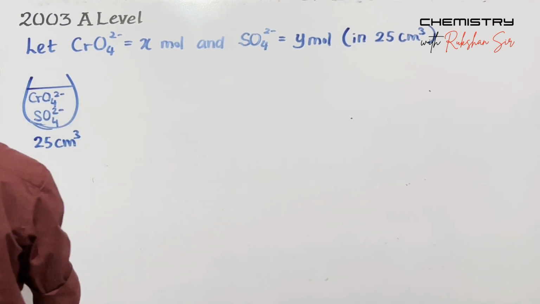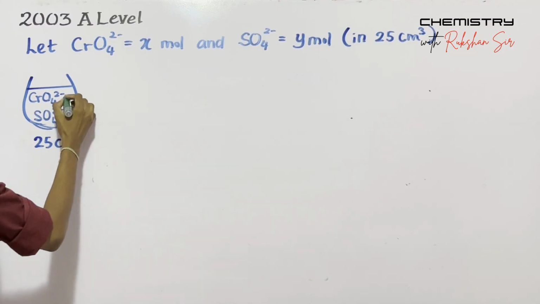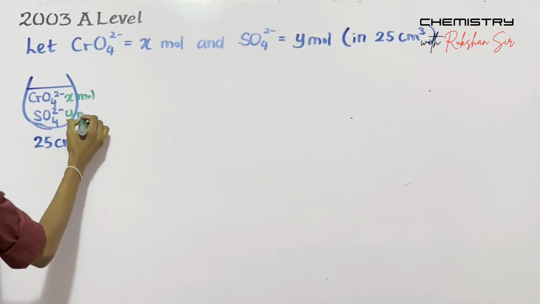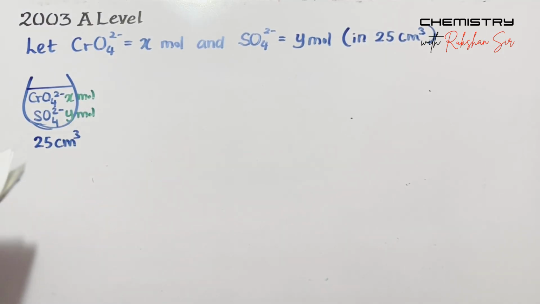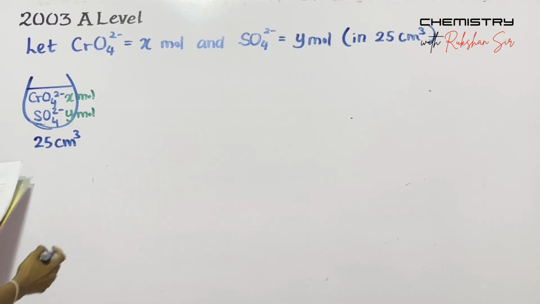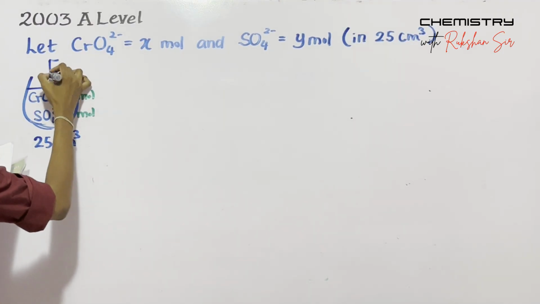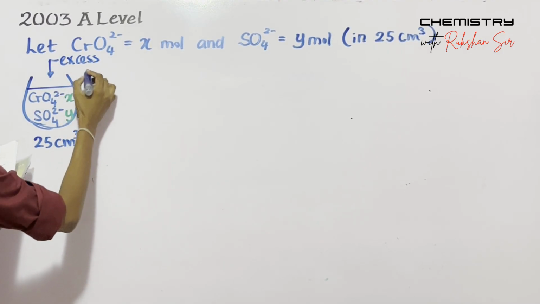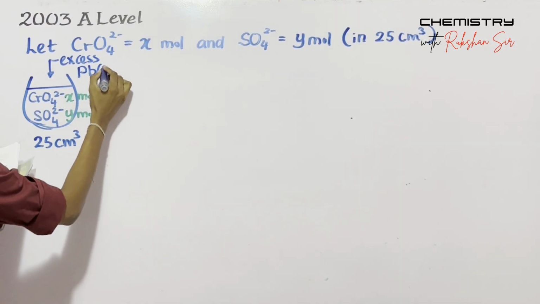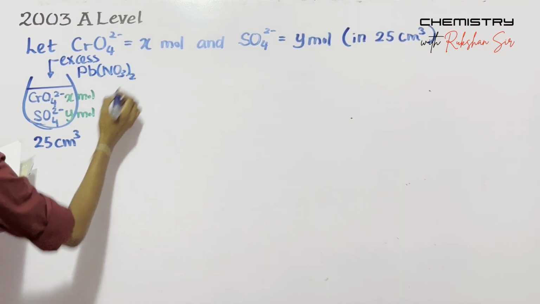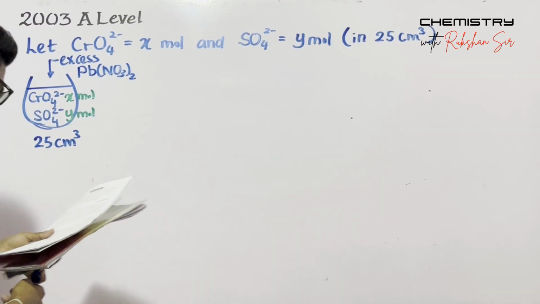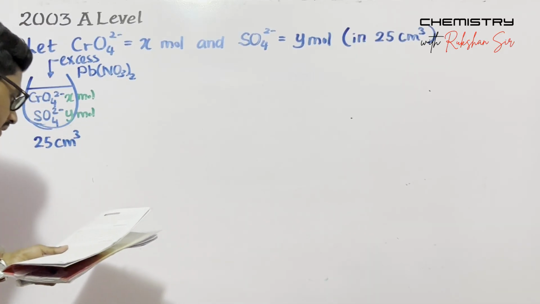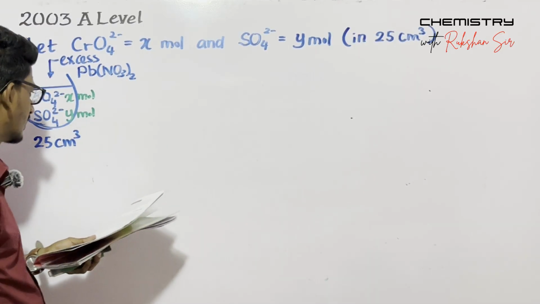We know with this one you have X moles, and with this one you have Y moles. Excess lead nitrate is added to completely precipitate chromate and sulfate ions.